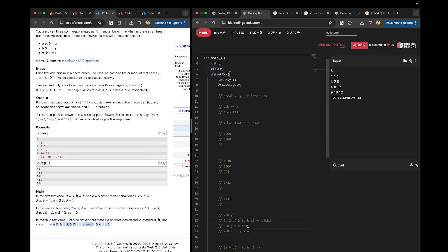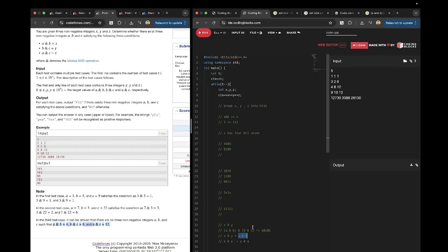So covering this means we should be able to find a number b such that x and y is equal to z and b.